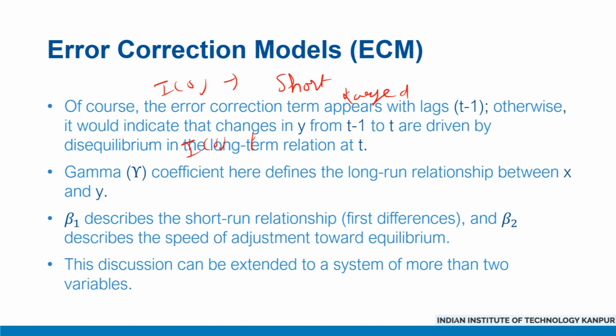This approach helps estimate not only the long-term and short-term relationships, but also the adjustment towards equilibrium as time progresses. However, it can only be applied if the system of variables, or the linear combination of these variables, is co-integrated, that is, driven by some kind of fundamental long-term relationship.